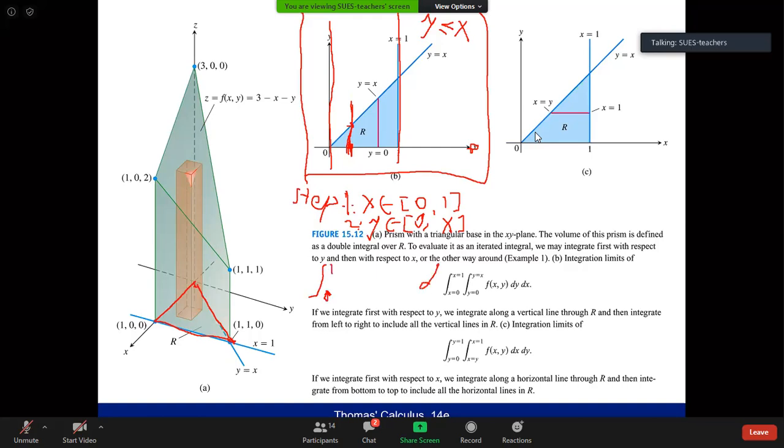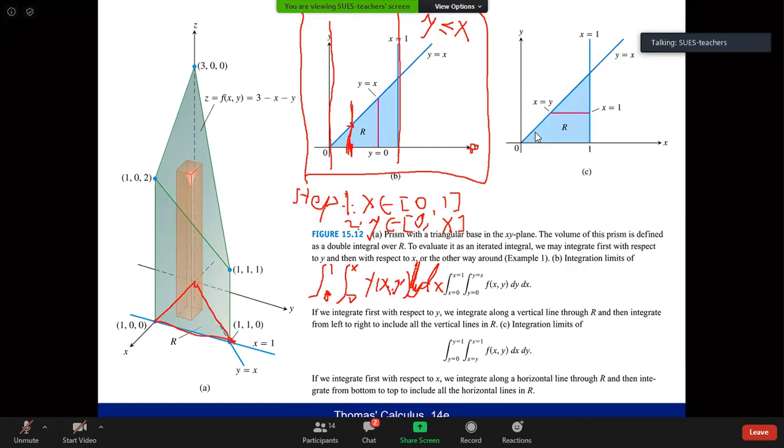Step 2 defines the inside: from 0 to x, f(x,y) dy. Did you see the steps? Step 1 is finding the range of x, which becomes the outside of the integral. Then you find the specific range of y based on x, and you put it inside the integral.